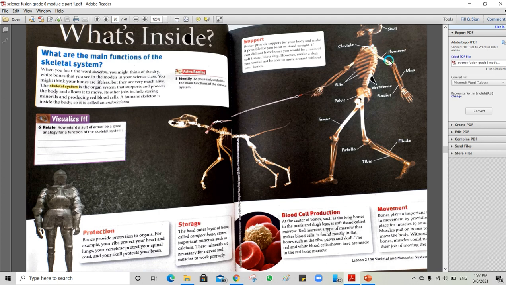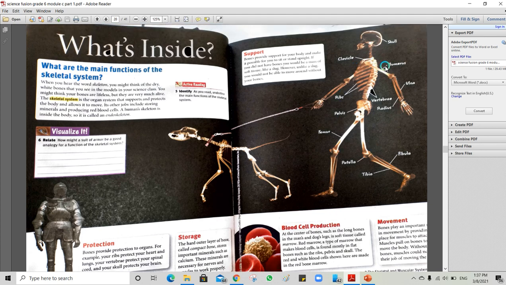By the way, those are the names of the bones. We can say them. This is the skull. This is the clavicle. It is a bone in the shoulder. This is the humerus. And those ones are the ulna and radius. Those are the vertebrae, ribs, pelvis, femur, patella, tibia, and fibula.